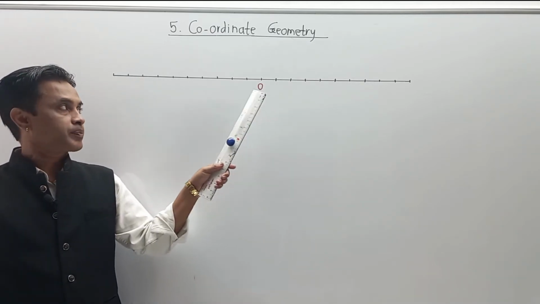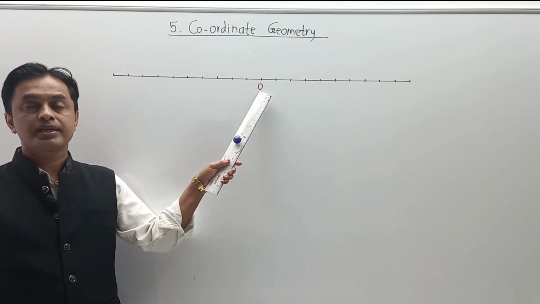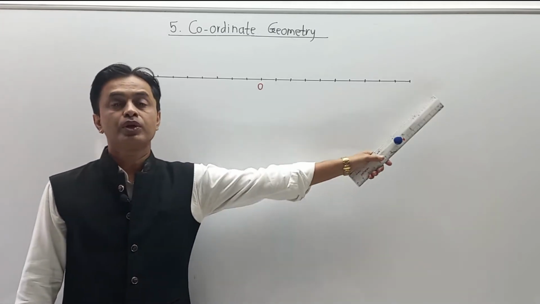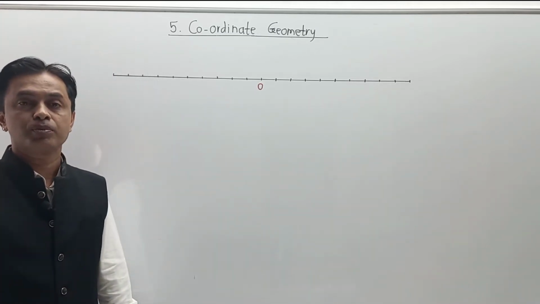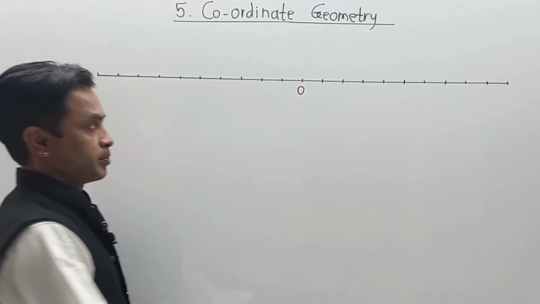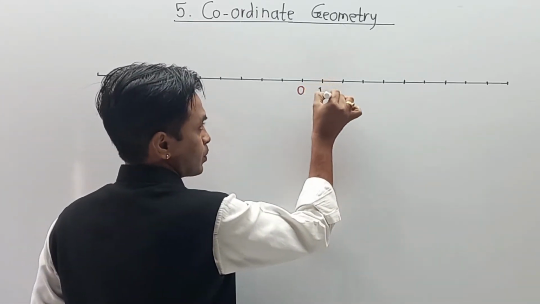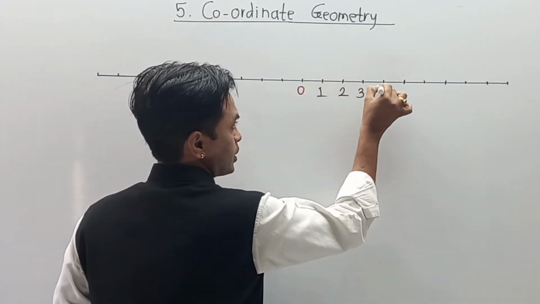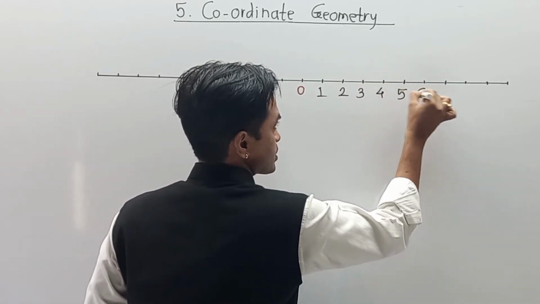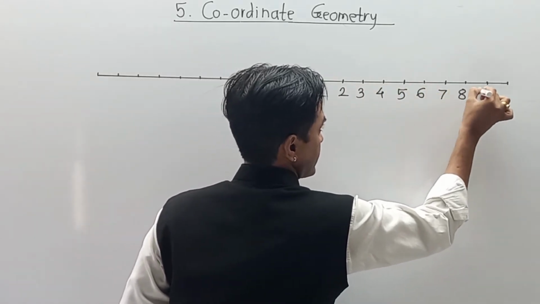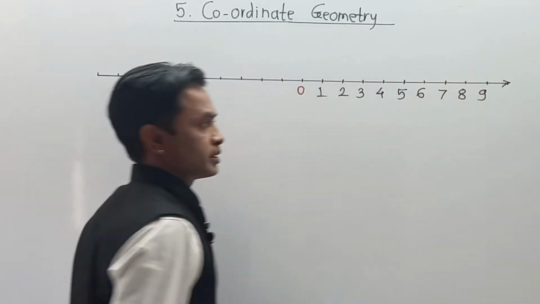In a line diagram, I have kept a central number as 0. If you move towards the right hand side, your positive number goes on increasing, means 1, 2, 3, 4, 5, 6, 7, 8, 9 and onward.